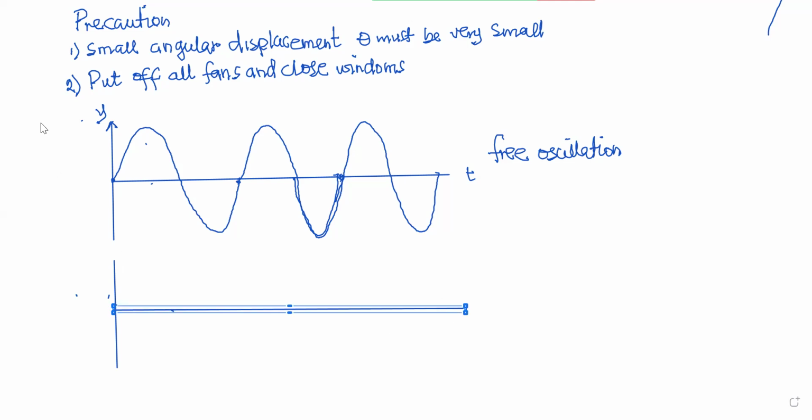If theta is large, then this displacement time graph, this is how it will look like. For 2 cycles, because the system will lose energy to the surrounding air, the amplitude will be dropping with time.